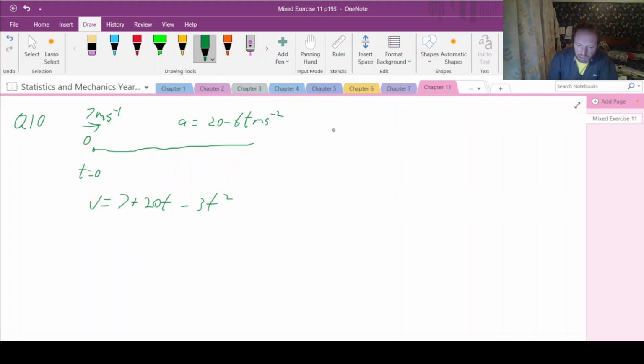Well, since velocity is the integral of acceleration in terms of time, velocity is equal to the integral of 20 minus 6t dt. So let's increase the powers and divide by the new ones. Okay, so we've got 20 over 1 t minus 6 over 2 t squared plus c.